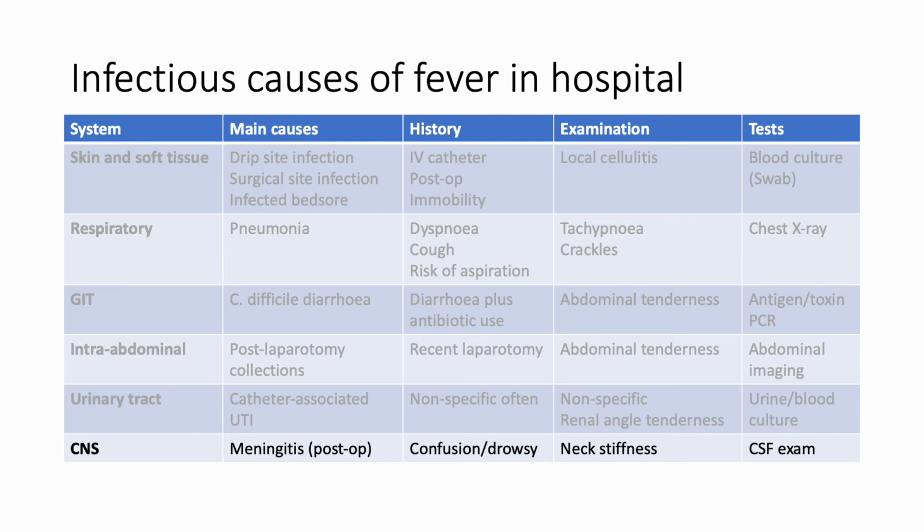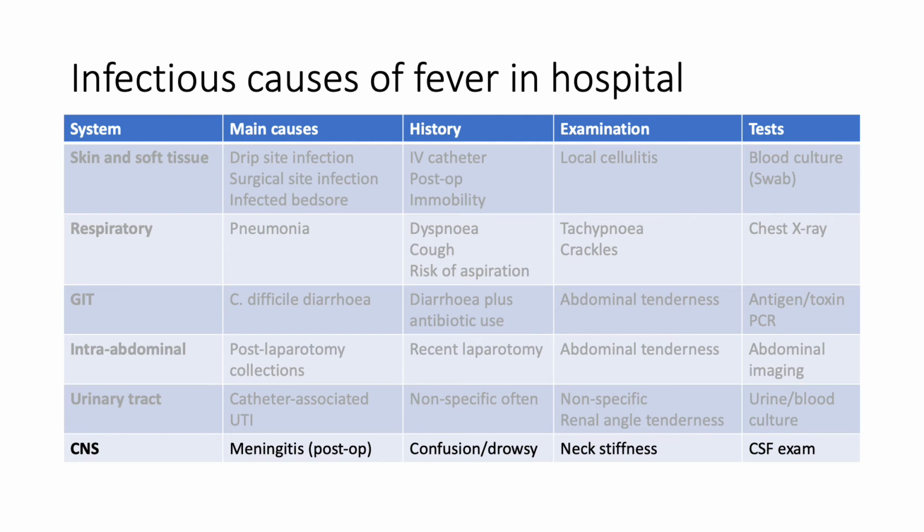So E. coli, Klebsiella pneumoniae, and occasionally Pseudomonas aeruginosa in selected populations, but most commonly gram-negative bacilli, and this is what we would target our empiric antibiotic therapy at, also considering the risk of gram-negative resistance.